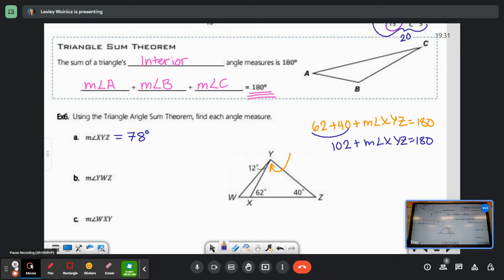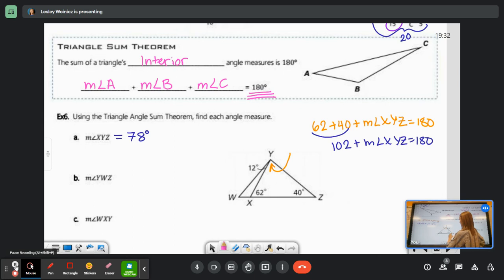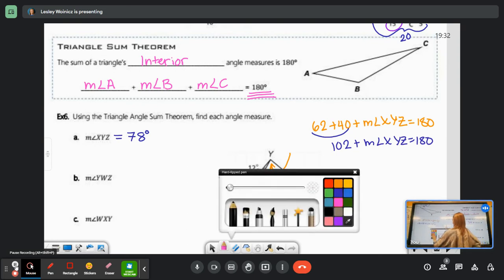Next, measure of YWZ. That's this one. We can use the fact that we just found the 78 degree angle.